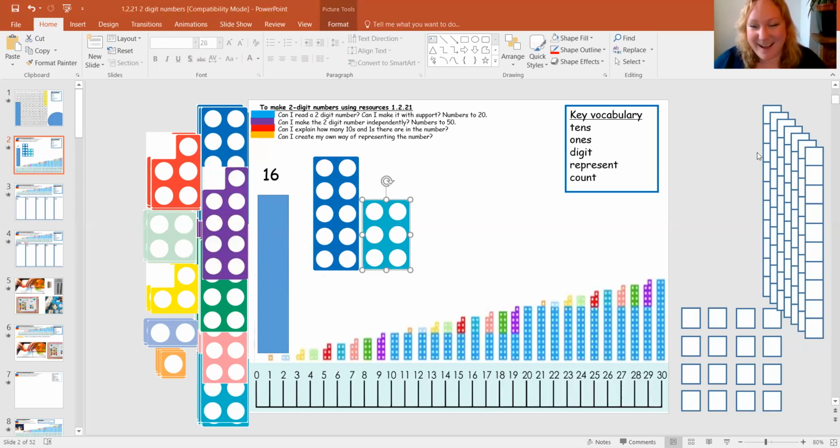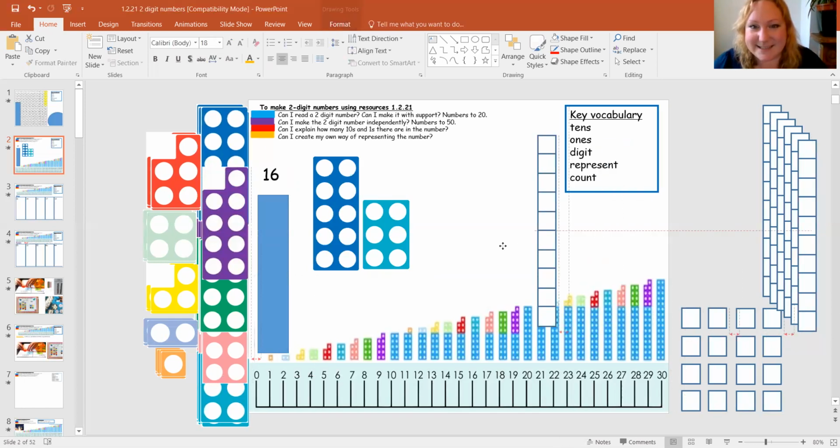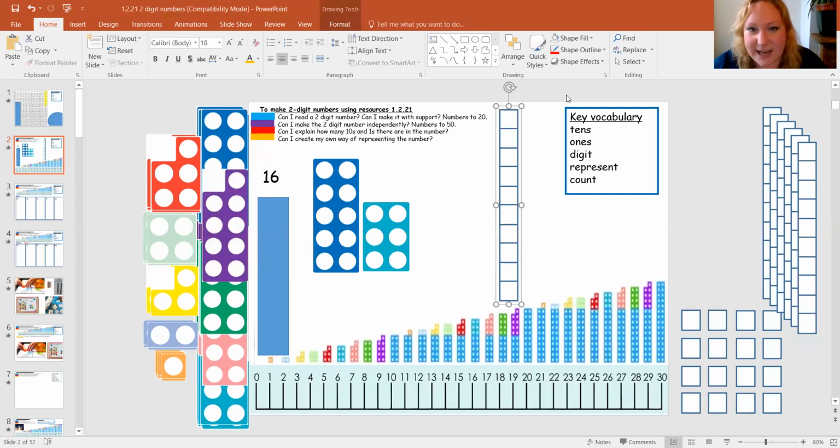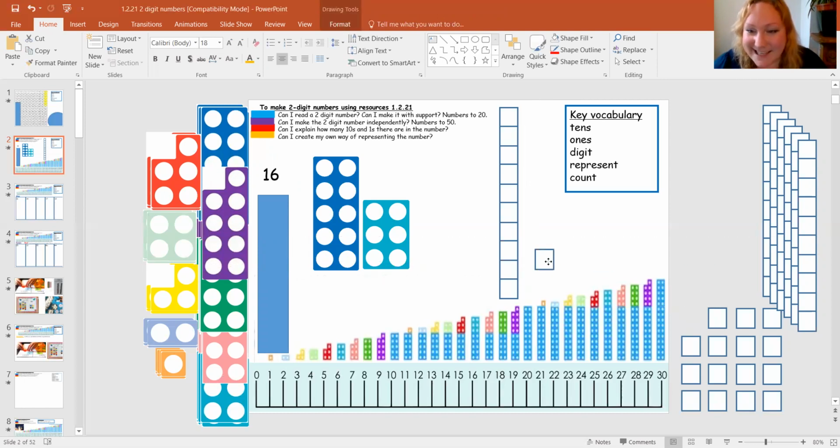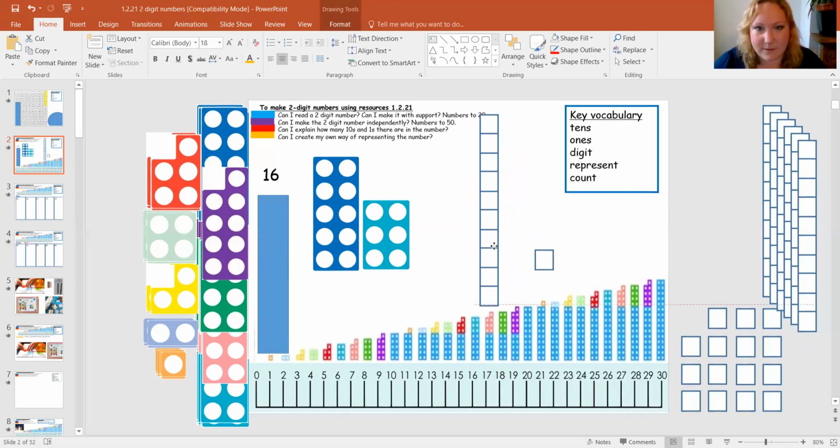Fantastic maths. I'm going to prove it again using Deans. I like Deans. Let's just check how many there are in this so we know what it is. 1, 2, 3, 4, 5, 6, 7, 8, 9, 10. That's a 10. These are ones. Let's make 16 using this. So I need 1 ten.